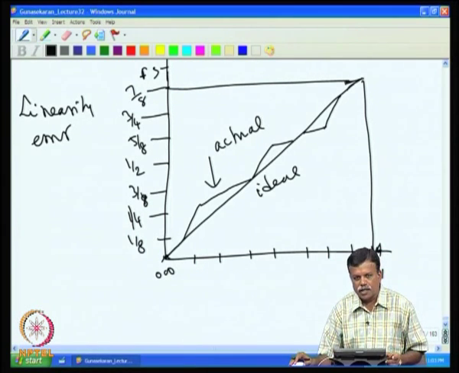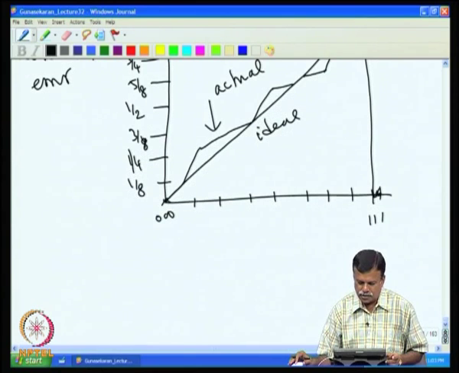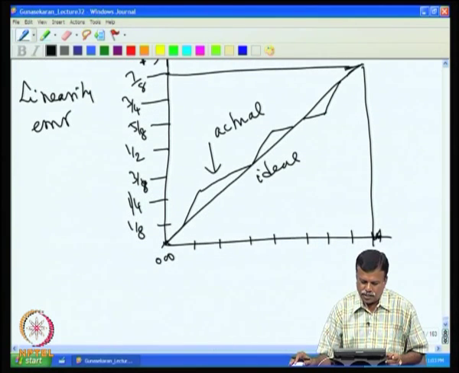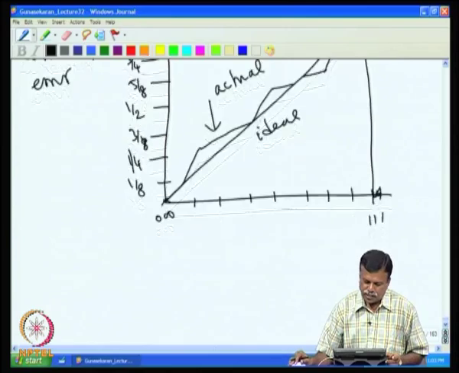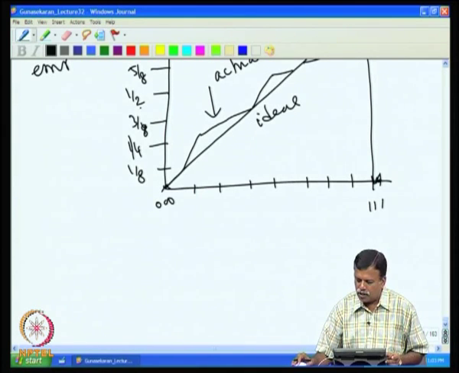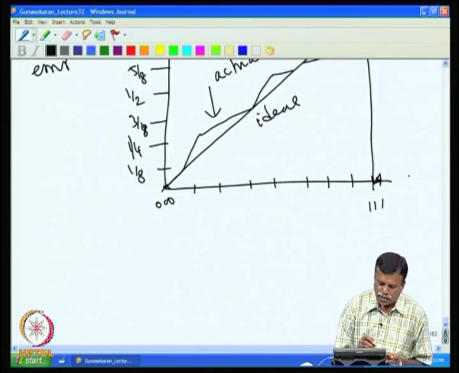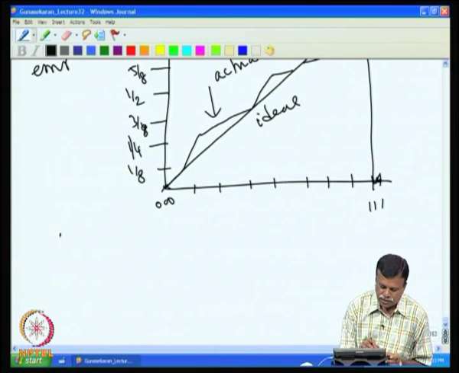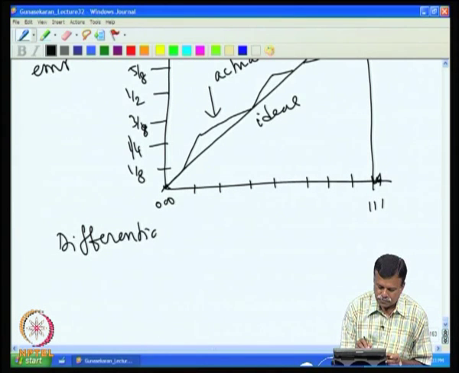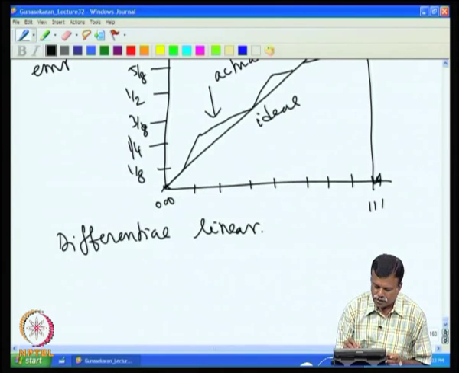Similarly, you will have a problem with differential linearity, that is adjacent ones are not going by 1 LSB, that is two outputs may not be showing exactly 1 LSB change. Differential linearity error.